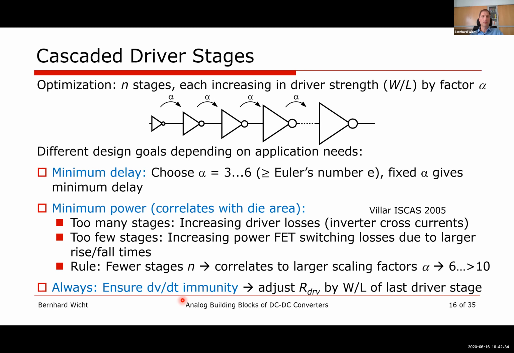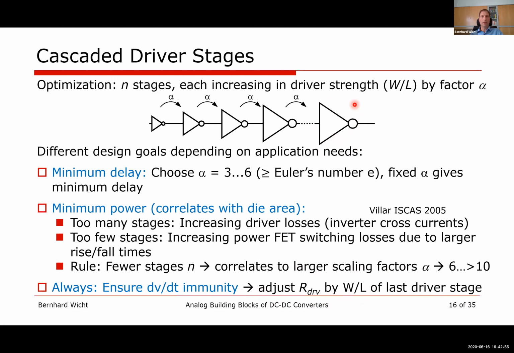So our current needs to be supported by the gate driver. If not, then we need to decrease the driver resistance simply by increasing the W/L of the last driver stage. And that's why the last driver stage usually is really large.